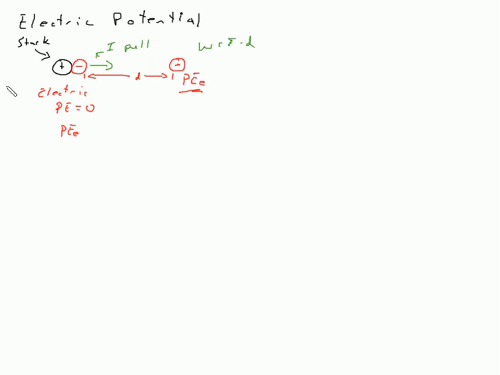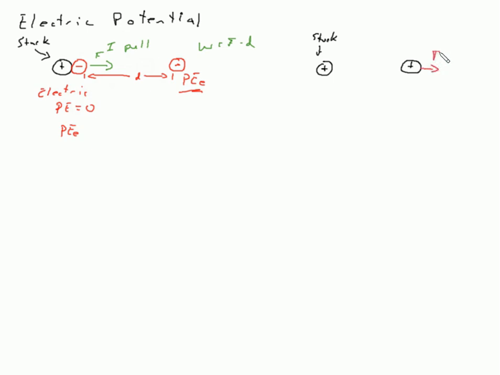Let's say we look at the situation where we have a positive charge. And it's still stuck. We don't want this one going anywhere. I'm just going to look at what happens. And let's say I have another positive charge out here. So what happens? Well, we know the forces that are going to be applied are repulsive forces.